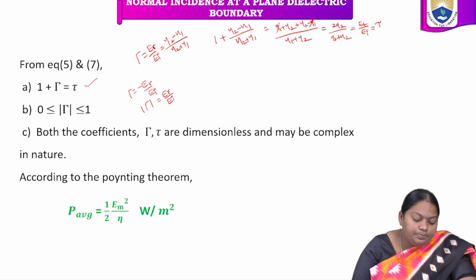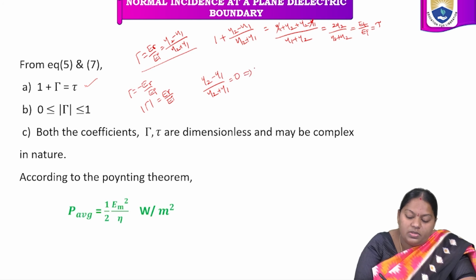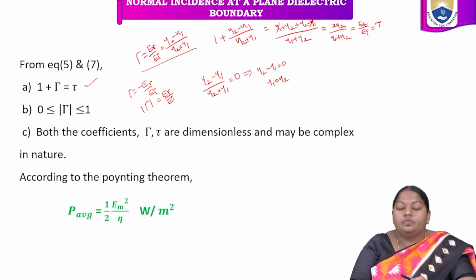Okay, now to find this range of gamma, see, this is the general equation. Suppose we take gamma equal to 0, meaning eta 2 minus eta 1 by eta 2 plus eta 1 is equal to 0 for the first case. From this, eta 2 minus eta 1 equals 0, then eta 1 is equal to eta 2, right?